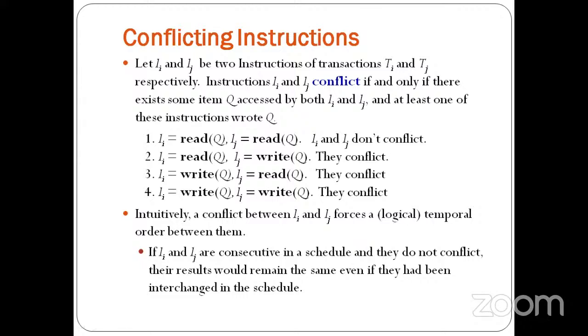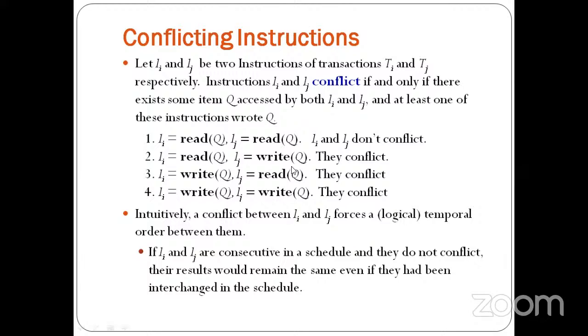Here Li equals read Q, Lj equals read Q. Here Li and Lj will not conflict, because both are only reading, so it is called a non-conflict.